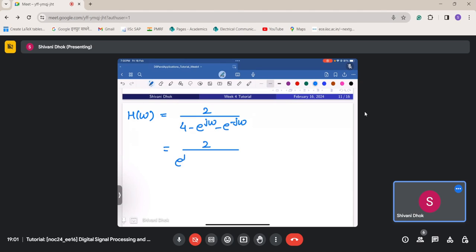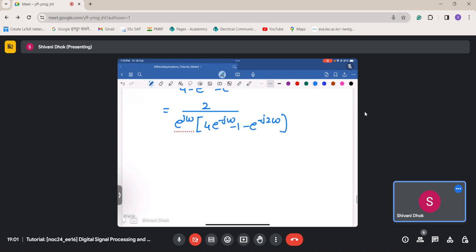So this becomes 4 into e power minus j omega minus 1 minus e power minus j 2 omega. So this thing here is minus 2 into e power minus j omega divided by e power minus j 2 omega minus 4 into e power minus j omega plus 1.